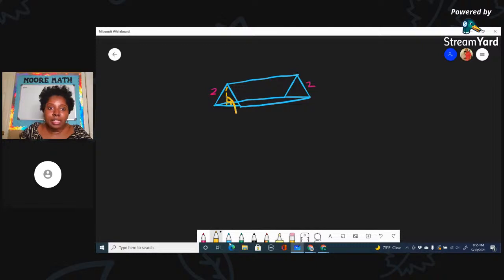This height, I'm going to use a different color. This height is 4. Down here is 6. This base is 6. And the last thing, we will use 11. Okay. So copy this down.